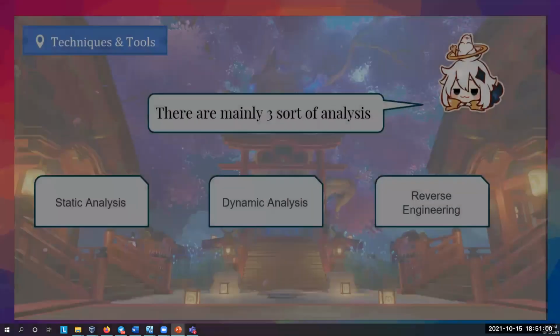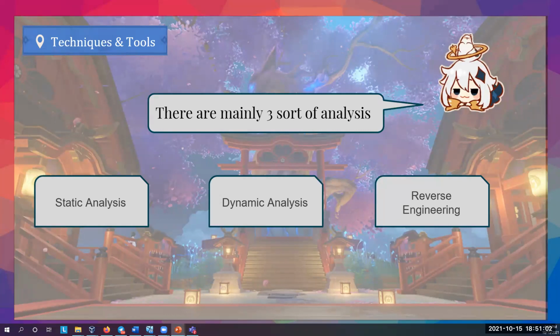In order to perform an analysis on a malware, there are three main techniques: static analysis, dynamic analysis, and reverse engineering. There are more, but for the purpose of the workshop today, this will be most of the work that a junior malware analyst will be focused on. By mastering this, you can get into a junior role in some malware analyst company, or pen testing in general.